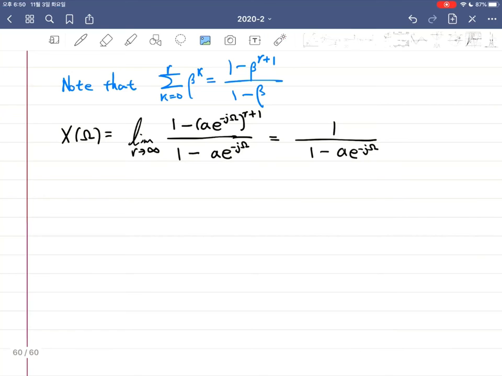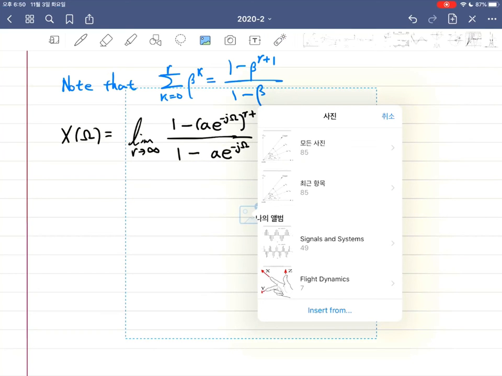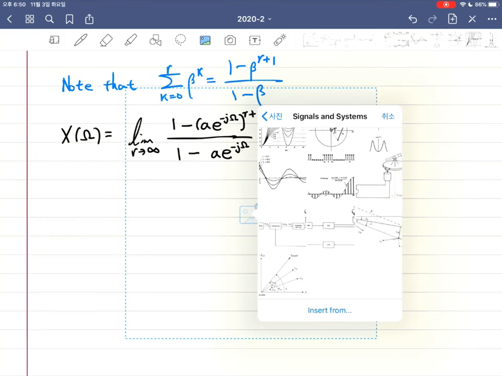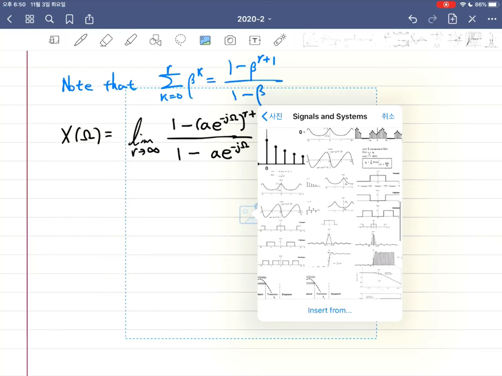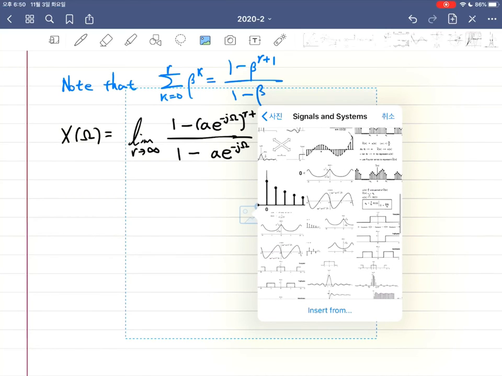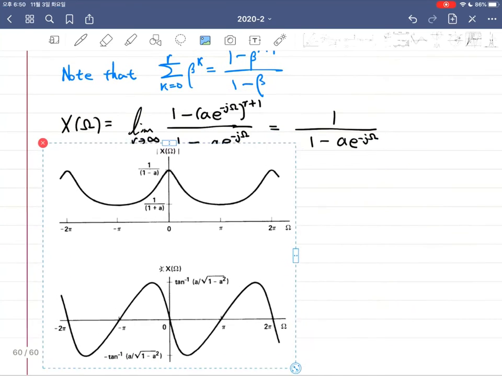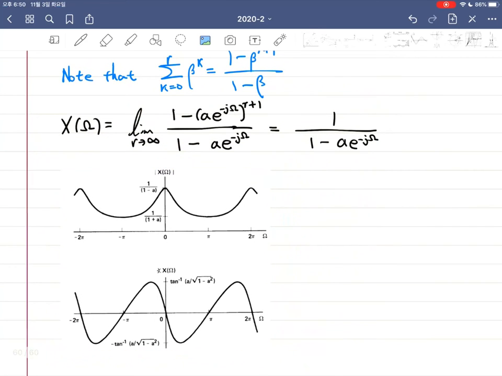So we can make that complex function into the polar form, and if you obtain the magnitude and the phase, then you will get these two graphs to represent the magnitude and the phase of this Fourier transform. The upper one is the magnitude and the other one is the phase.